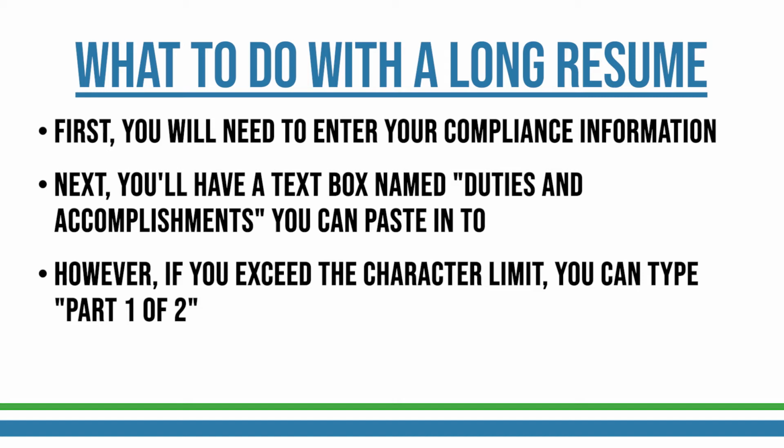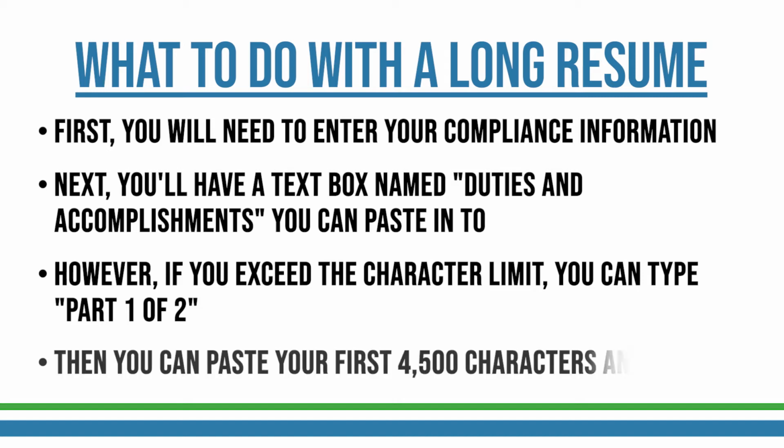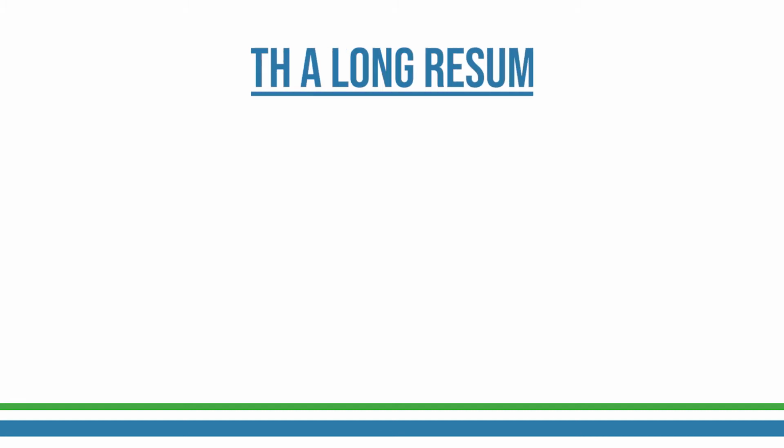And then I would copy and paste from my Word document the first 4,500 characters or so of your write-up for that job. So copy and paste your first 4,500 characters, then click Save.